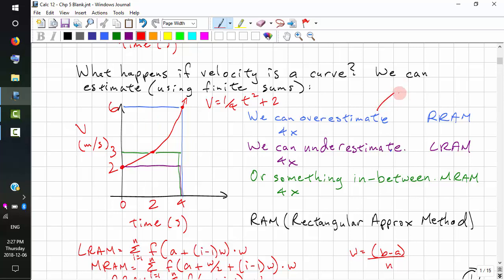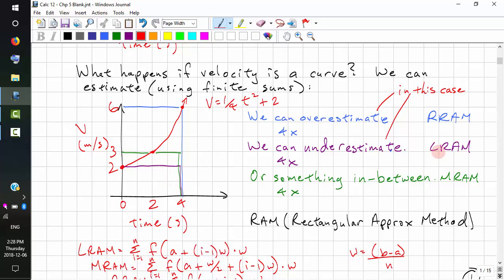So we're overestimating in this case. We're overestimating because the right endpoint is higher than the average value. If we had a decreasing function, the right endpoint would be an underestimate.